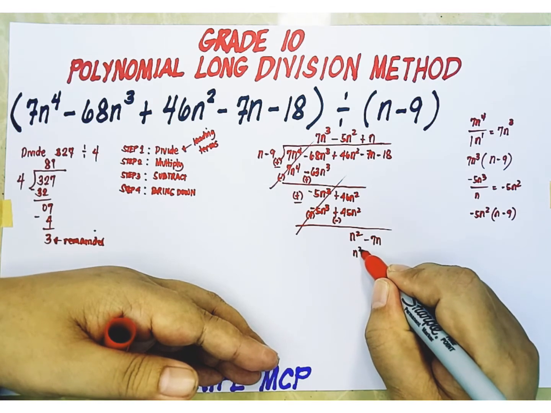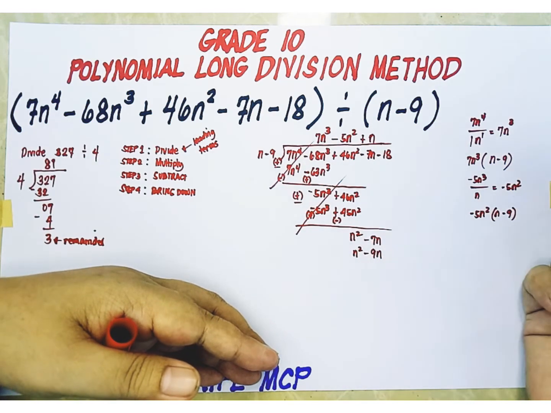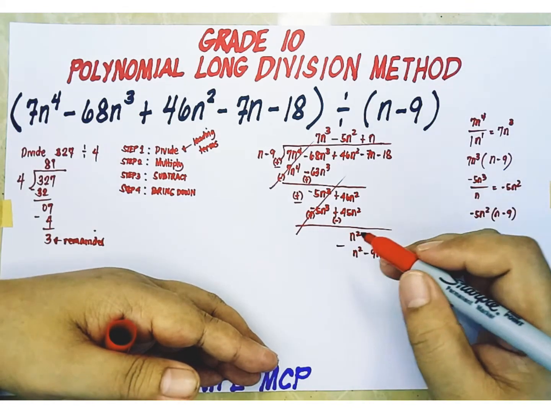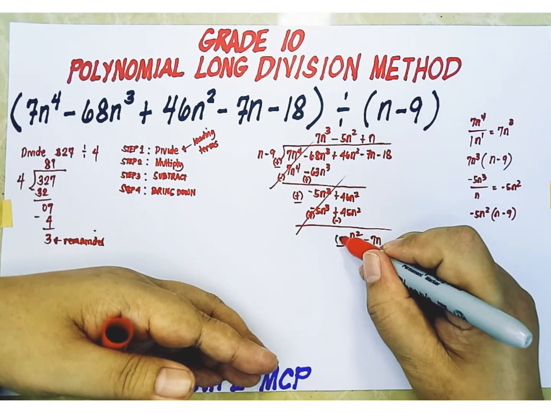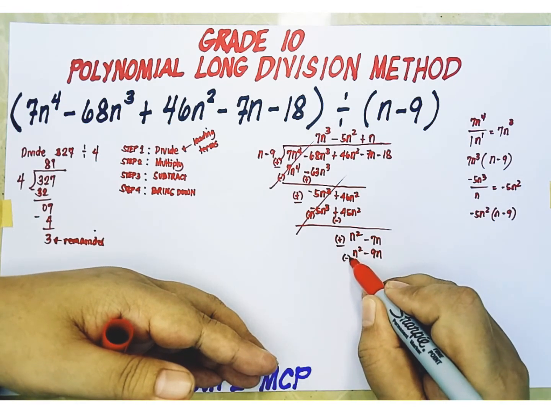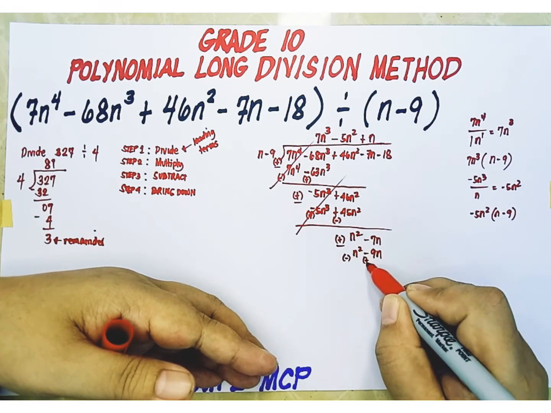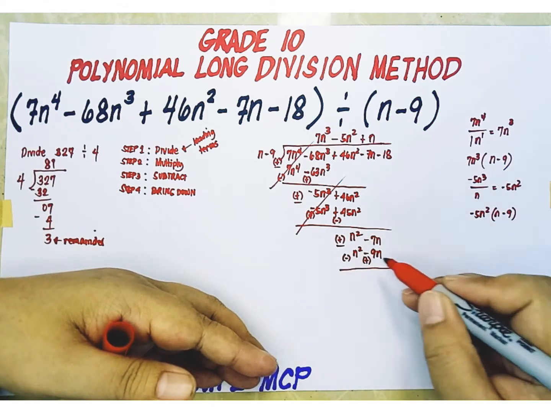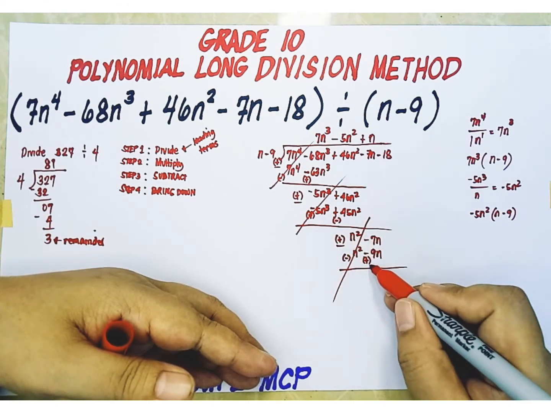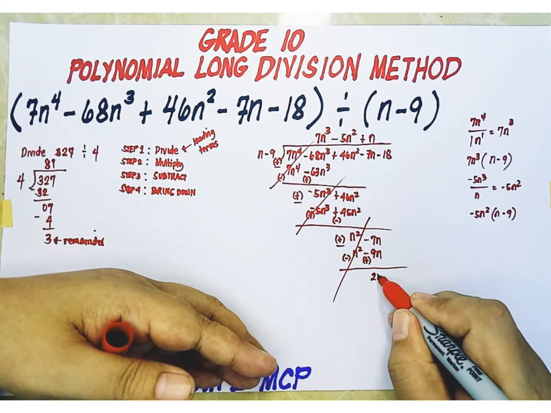It's n squared minus 9n. Subtract. Follow the rule in subtraction. You proceed to addition. Change the sign of the terms in the subtrahend. And so negative 7 plus positive 9 is positive 2n.